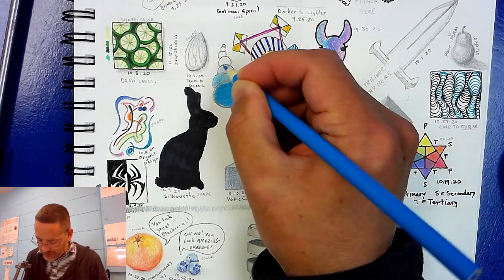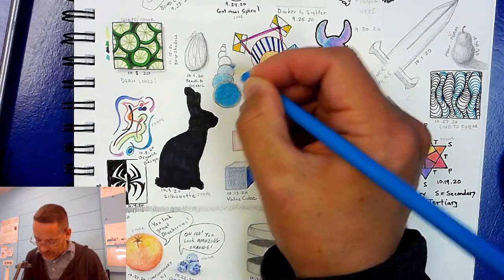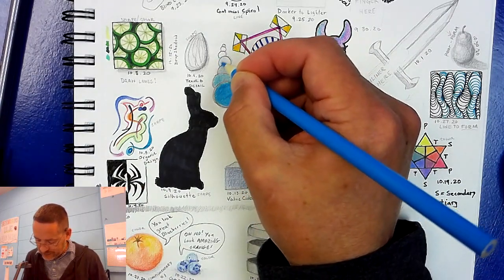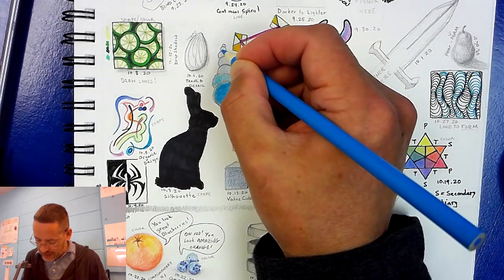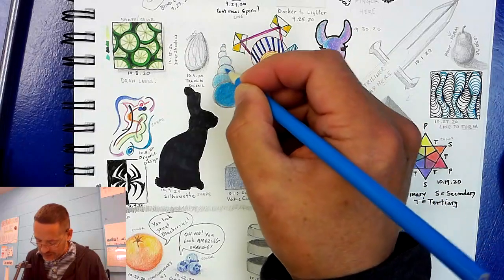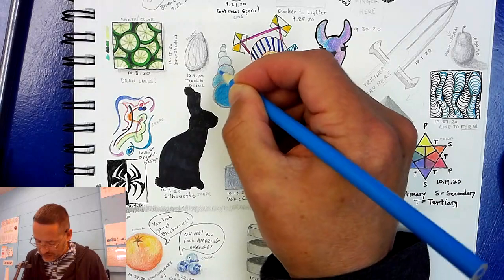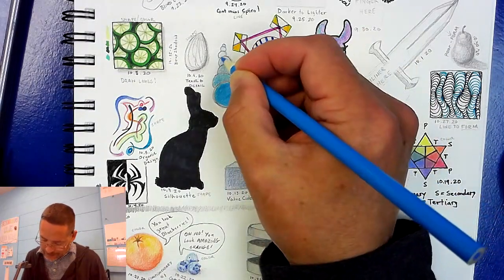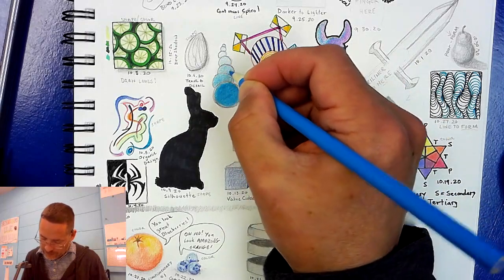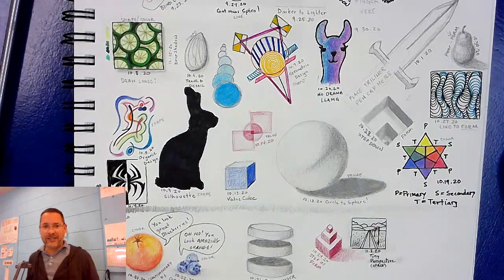And as they go farther back, they're going to get lighter and lighter until my last one has almost no value. It's kind of gotten dull. And you might have to go back and adjust, just to show the differences. But you can see how that begins to create a sense of depth.